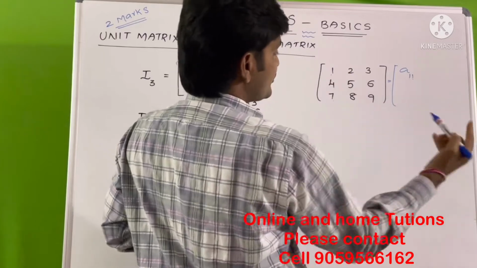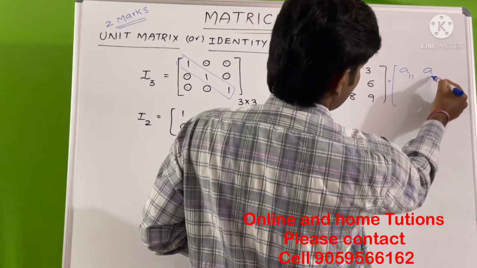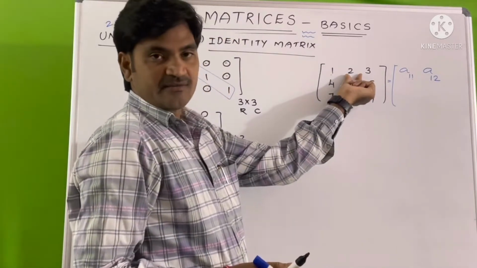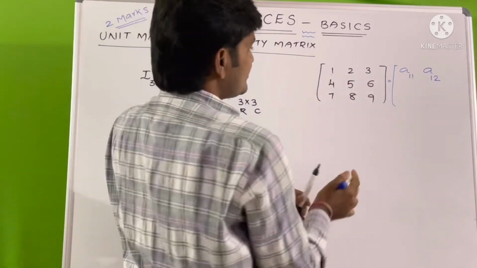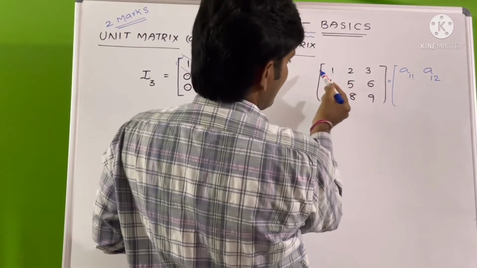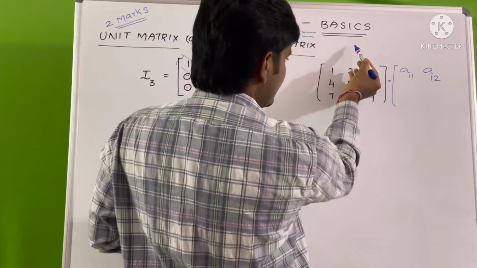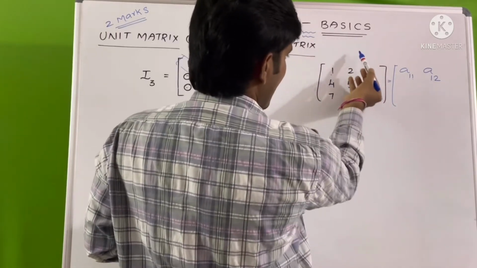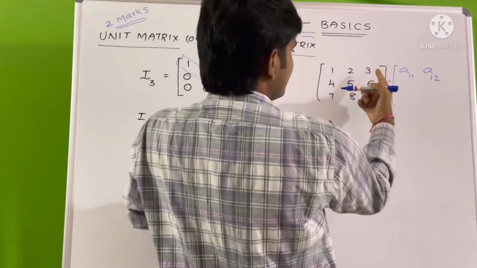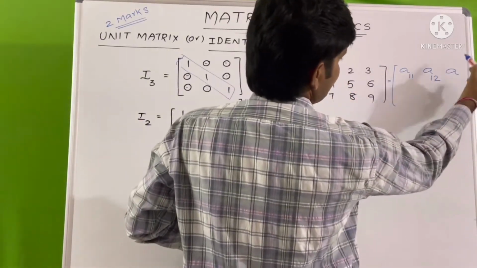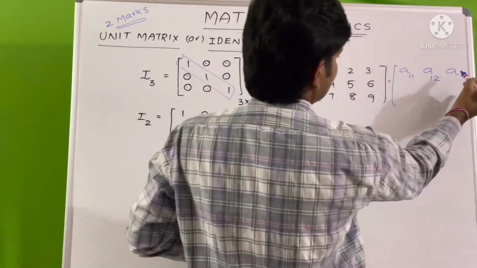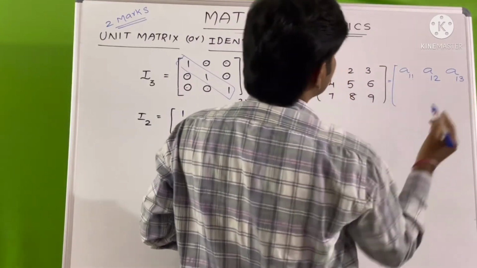Next, 2 we write as A12. That means 2 is situated in the first row and second column, that is 1, 2. Now 3 is situated at the first row and third column, that is 1, 3.